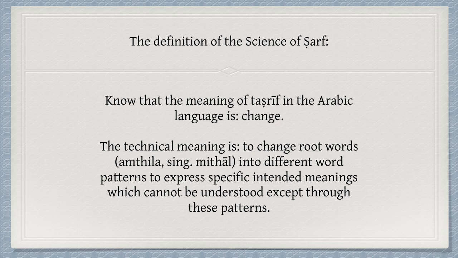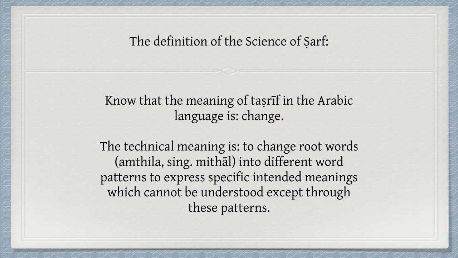And also these meanings are specific to Arabic, and you cannot understand the meaning except through this pattern in many cases. For example, you have the pattern fa'il. So this is the doer, the active participle, someone who is doing something, and generally most of the time you can't understand the meaning of someone doing this particular action except through this pattern.